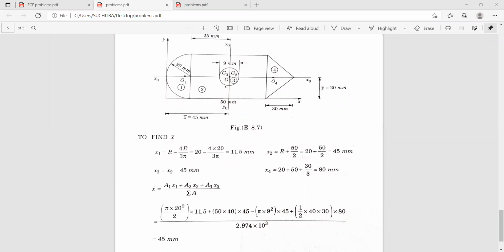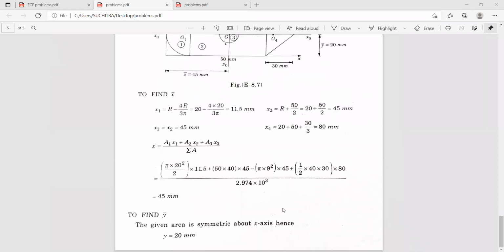Now you can see here we have a minus sign, that is the area of this circle, pi r square into x3 which is 45 millimeters, plus the area of the triangle, half into base into height, multiplied by the value of x4, divided by sigma a. On simplification, we'll get the value of x bar as 45 millimeter, and you already know y bar because the given figure is symmetrical about the x-axis.